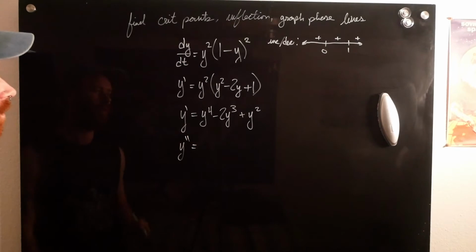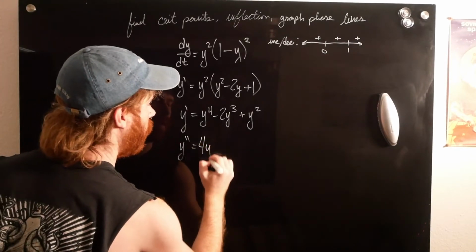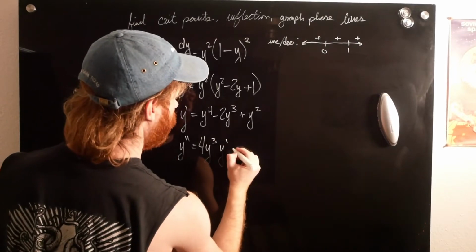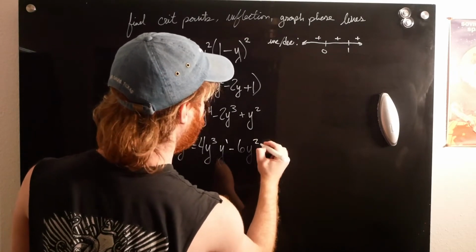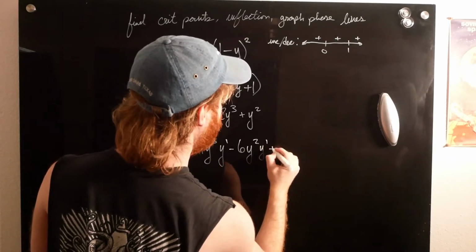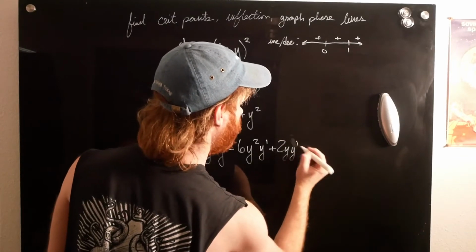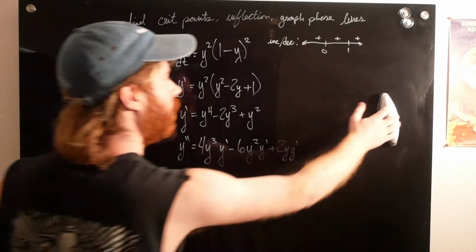So always remember that you've got to tag on that y prime. So 4y to the 3rd y prime minus 6y squared y prime plus 2y y prime. Right?